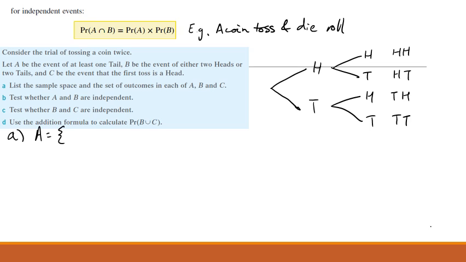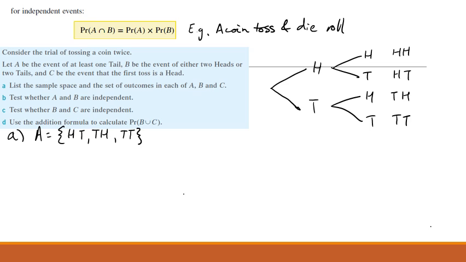Looking at A, it says at least one tail. Should I do the first one? No. Second one? Heads, tails. Third one? Tails, heads. And last one?